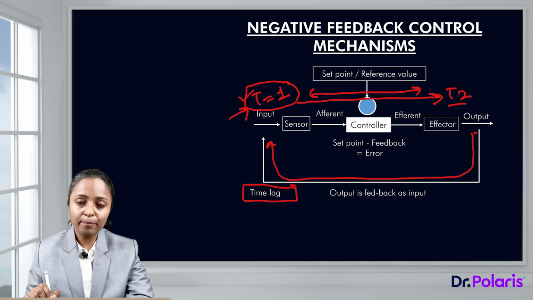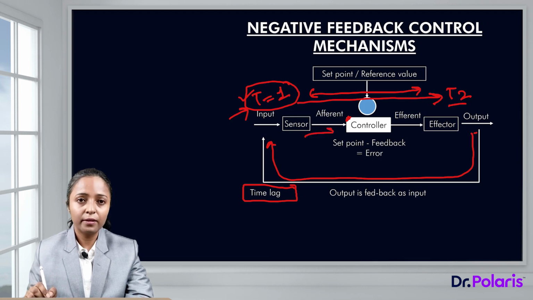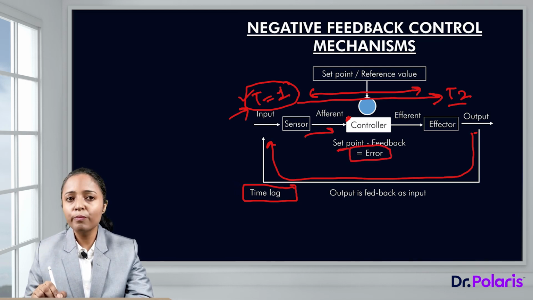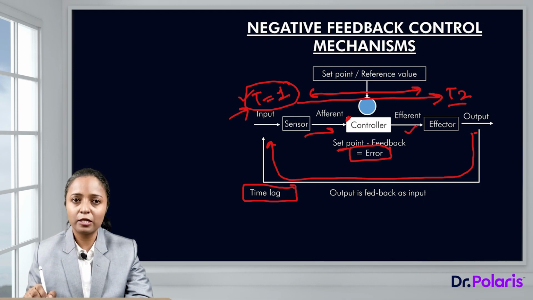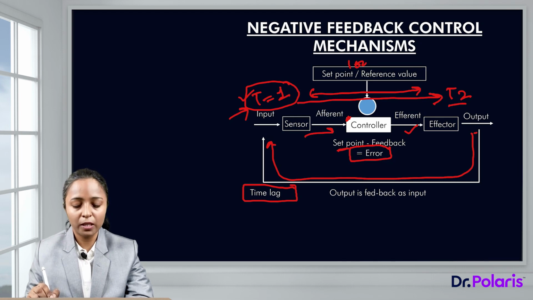Second thing is, there is something known as error. The value which this controller gets from this afferent, when it is subtracted from the set point or reference value, that is known as error. And it is based on this error value that the controller makes the adjustment. So suppose for example, the set point value of mean arterial blood pressure is 100 millimeter mercury.